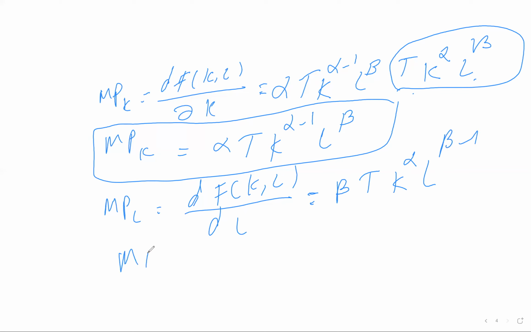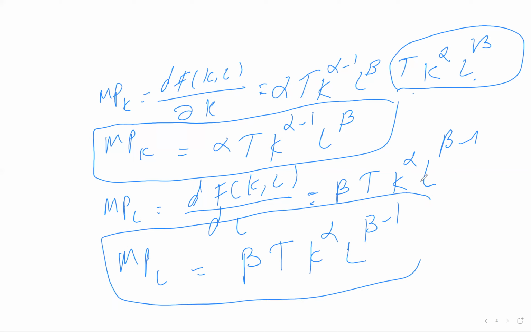So the marginal product of labor is equal to beta T K to the alpha L to the beta minus 1. That is your answer for part B of the question. So the marginal product of capital is equal to this, and the marginal product of labor is equal to beta T K to the alpha L to the beta minus 1.